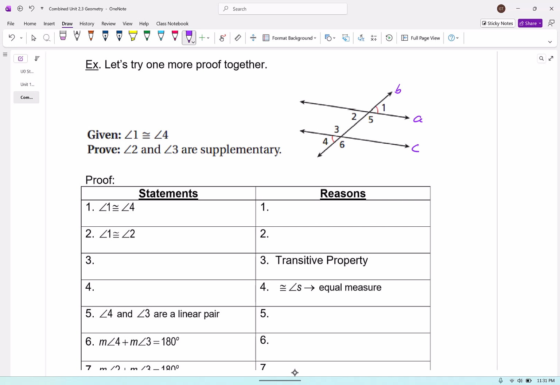Each of these will create vertical pairs. So we know that 1 and 2 are vertical pairs, which means they are congruent to each other. And so 5 and 2 are then linear pairs, and if I label this other one here, and 1, those are linear pairs. So they're going to add up to 180.